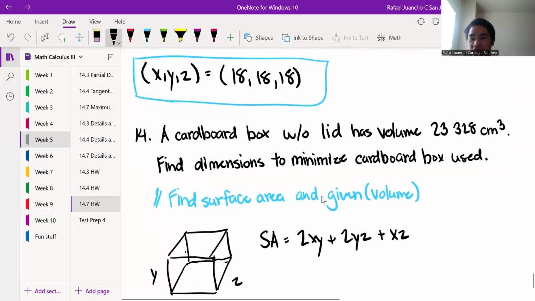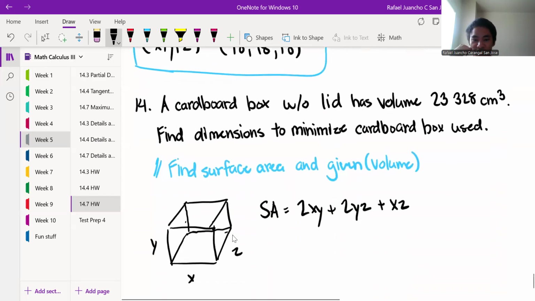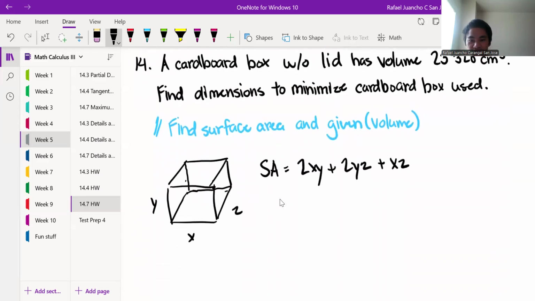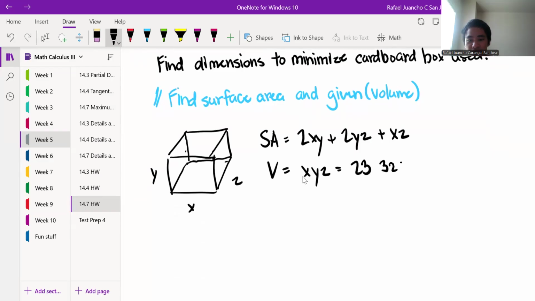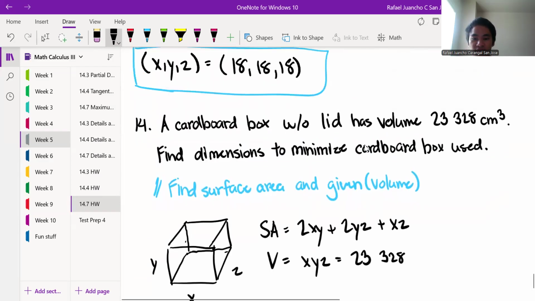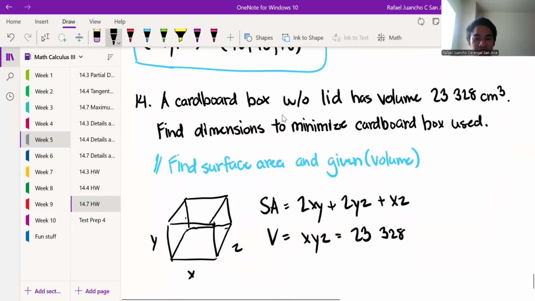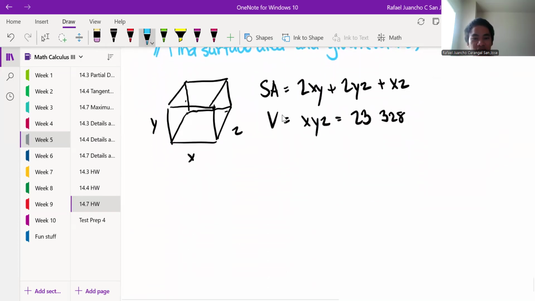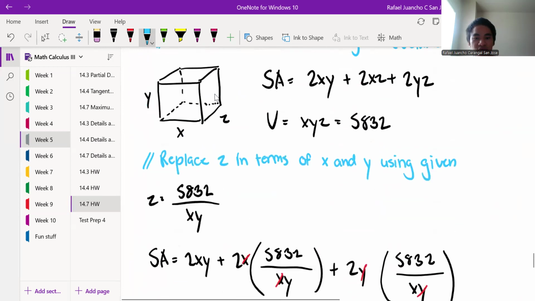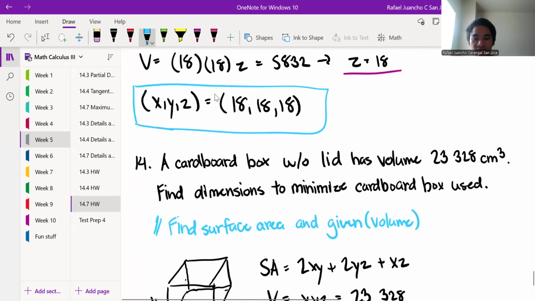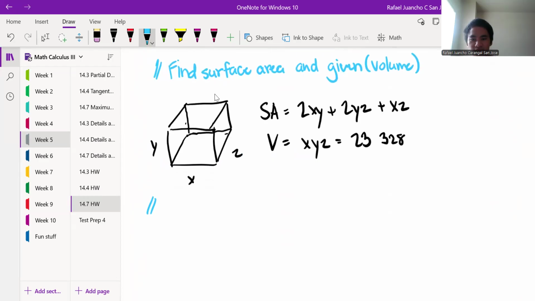And then we say the volume of this cardboard box is this: xyz is equal to 223,328. See if we get this without looking at any resource yet. And then we're being asked here again, we're going to do the same thing. We're going to replace z in terms of x and y.